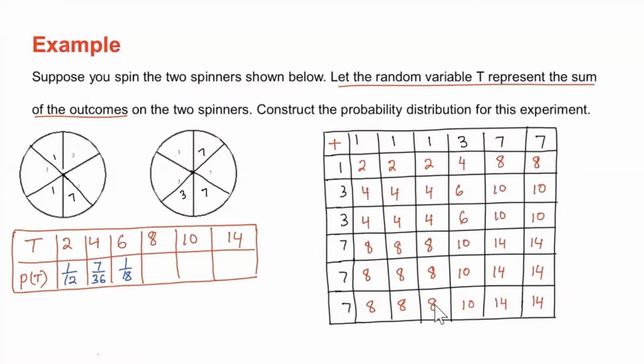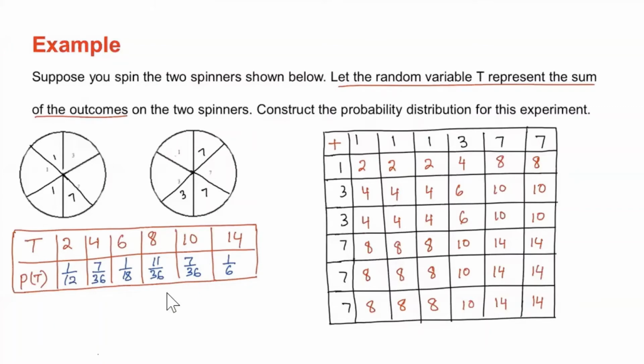Now let's count 10. We have 7, so 7 out of 36. And then if we count 14, here they are, we have 6. So 6 out of 36 or 1 over 6.